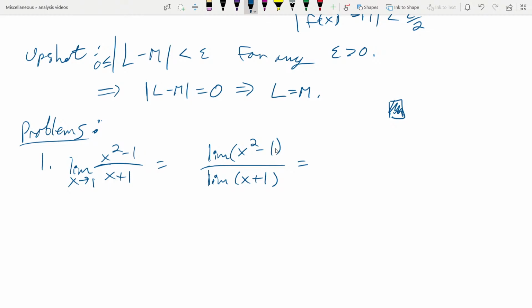Before I even write this equal sign, I have to check that both the limits of the top and bottom exist, and also that the bottom one is non-zero. But thankfully we're in luck because that bottom limit is actually 2, and this top limit is 0. It's just 1 squared minus 1.